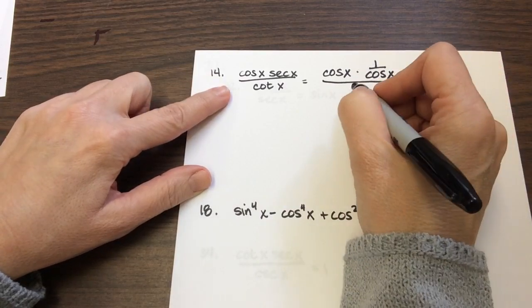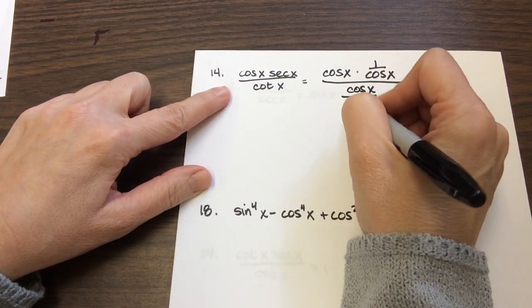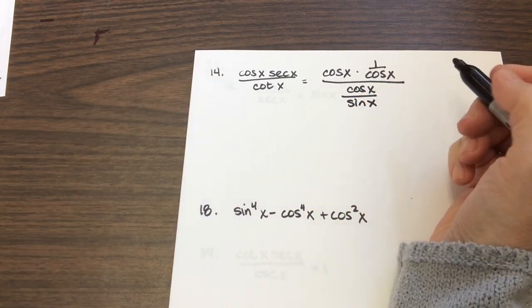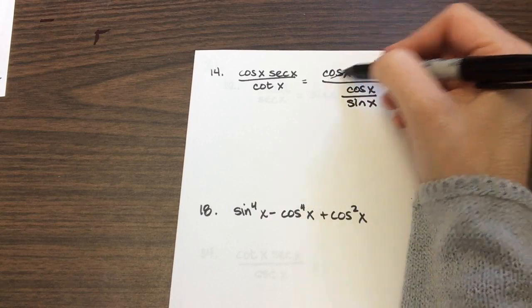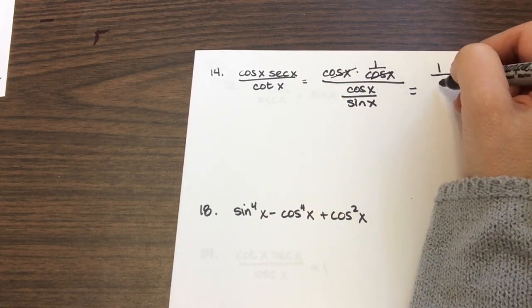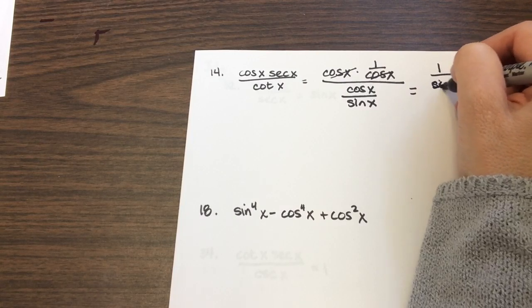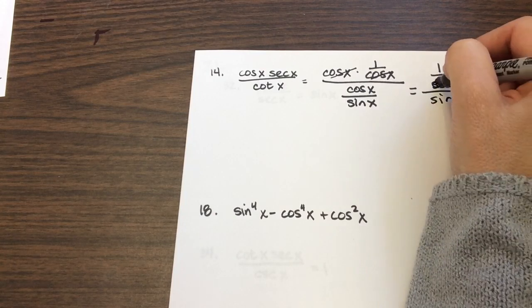Notice I'm just continuing like I was. I'm writing everything in terms of cosine and sine, and then I'm going to clean it up. Alright, so I'm multiplying reciprocals. Well, we know that's 1. And now I've got 1 over cosine over sine. I keep messing up.